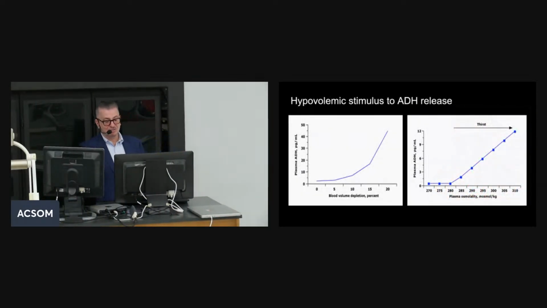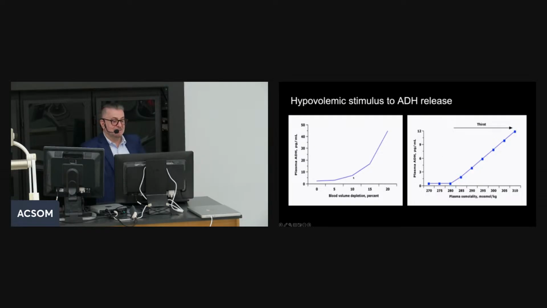So these are the two main stimuli for ADH. One is increased osmolality, when you don't have enough water in your body, and ADH kicks in. The same thing for thirst. Remember, when you're thirsty, you drink because you want more water in your body. And the other is the amount of volume.